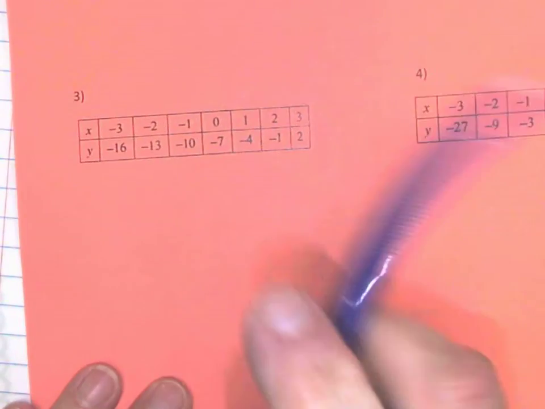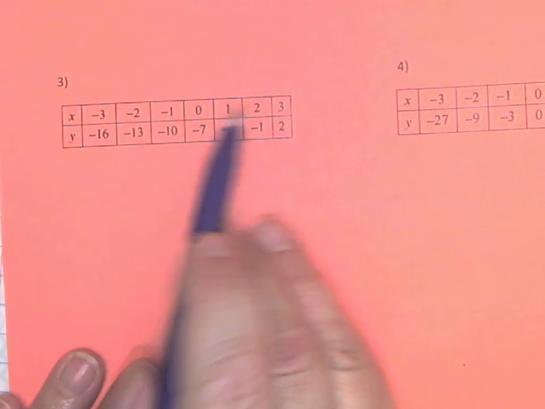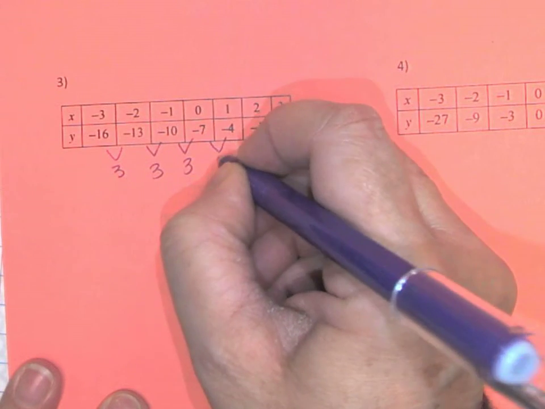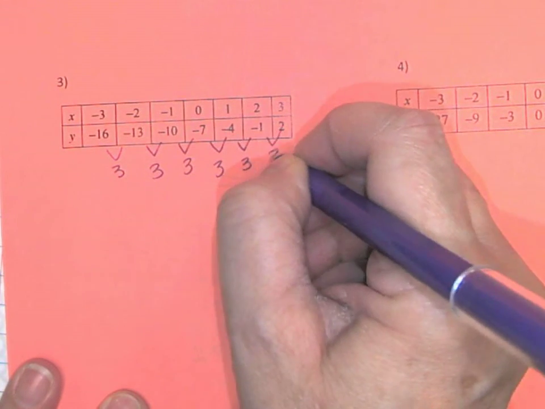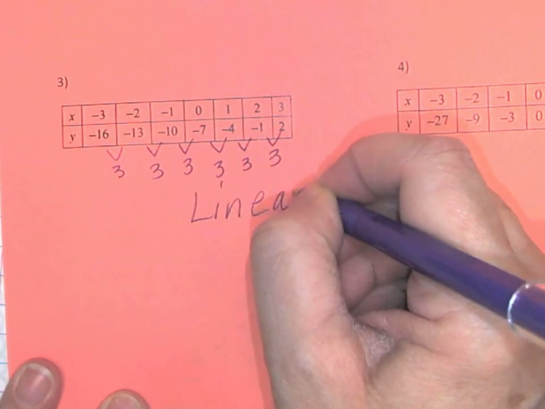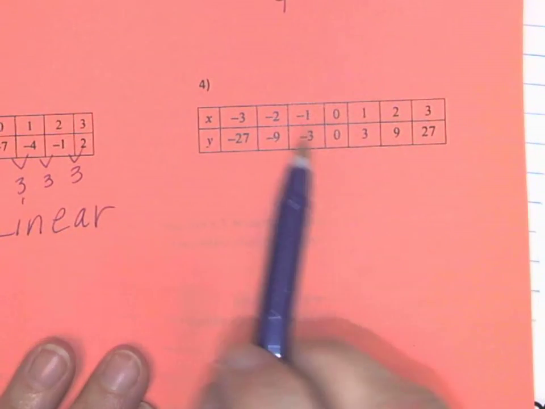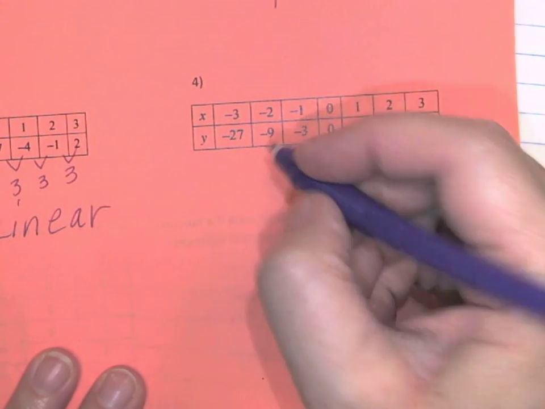We'll check another one. Does x go up by 1 each time? Yes. Here we go. Add 3 each time. Well, that's linear because all the first differences are the same. This one, does x go up by 1 each time? Yes.